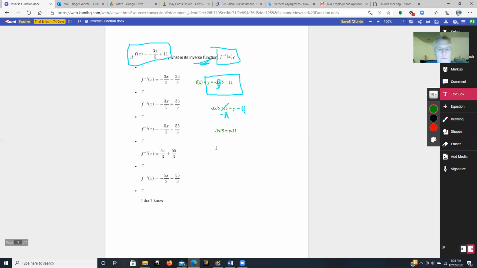All right, now we're going to look for multiplication and division. We can take the reciprocal of this number.